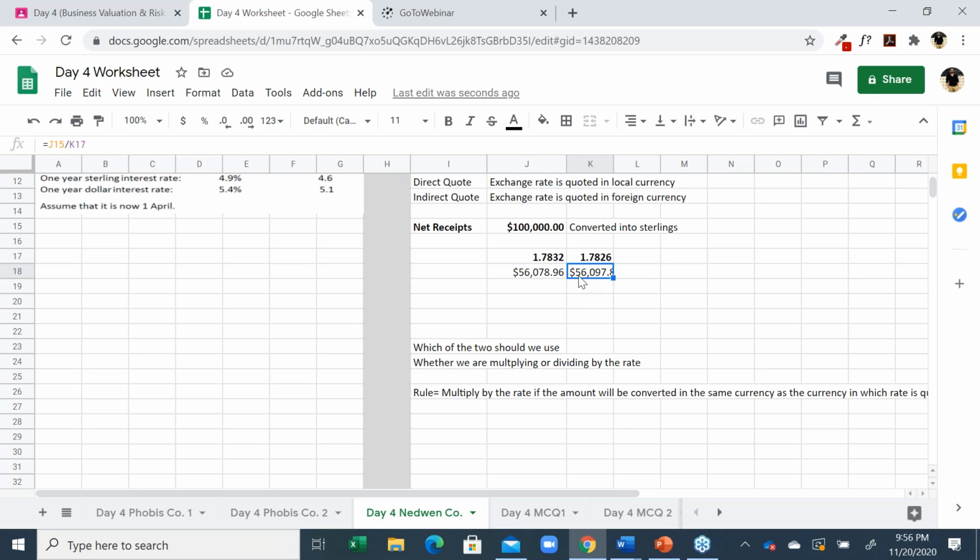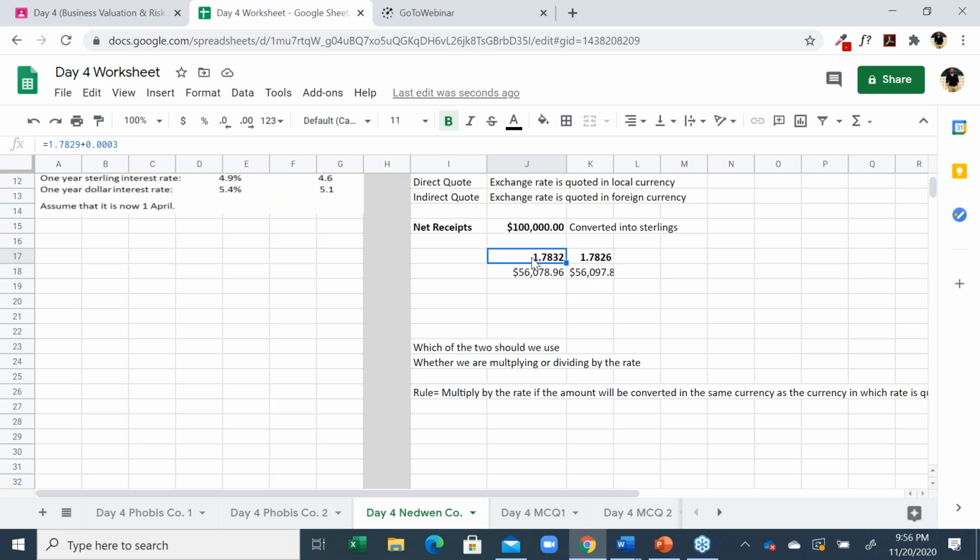Look at it from a bank's perspective. The bank's benefit will be to pay us a lower amount, and that is 56078, because this is slightly higher. So this is the rate that we should be using in this case.